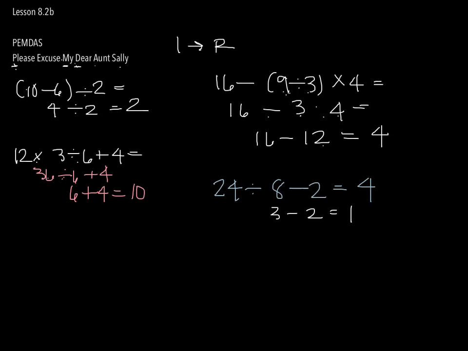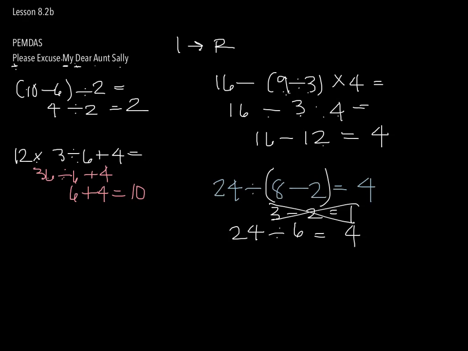We cannot do it that way. So we have to do it a different way. We have to do this step first. Now if I do 8 minus 2, I'm going to get 6, and 24 divided by 6 is equal to 4. So what we're going to be doing with these next couple problems, boys and girls, is adding the parentheses to make sure that we get the right solution.